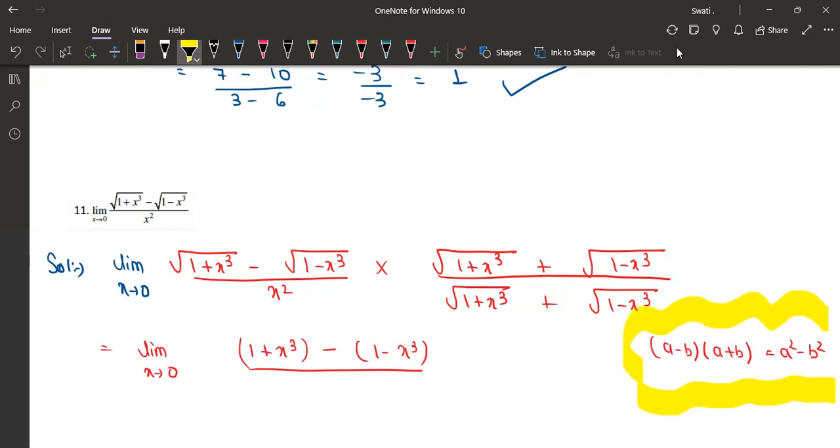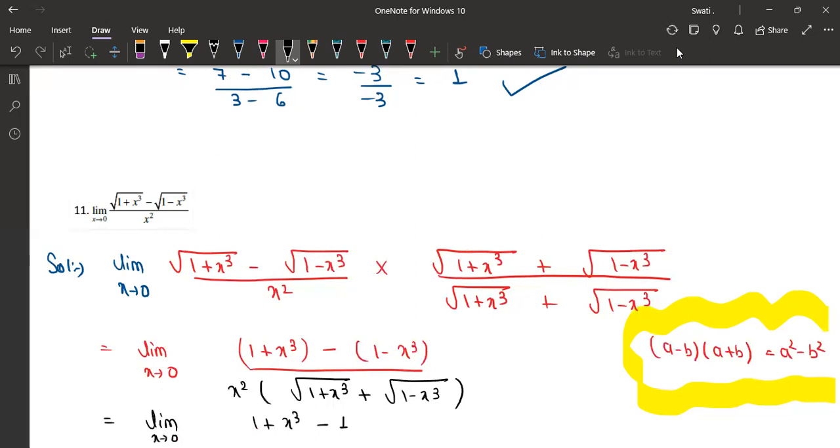All right. Okay, so now we can just write down on the denominator x square root over 1 plus x cube plus root over 1 minus x cube. Now in the numerator, if you just remove the bracket, it will simply become 1 plus x cube minus 1, and then minus into minus is plus.